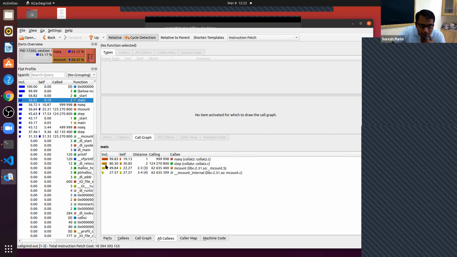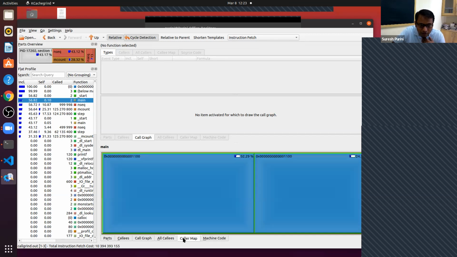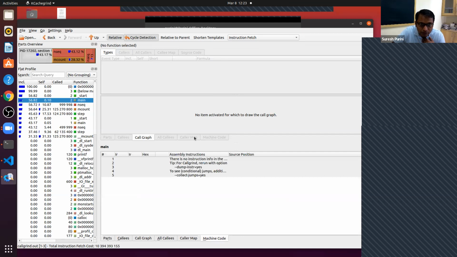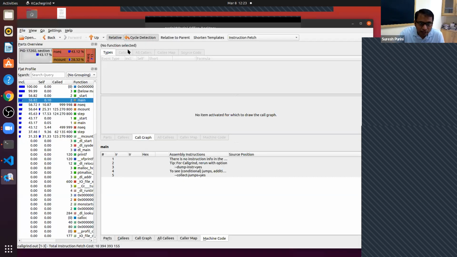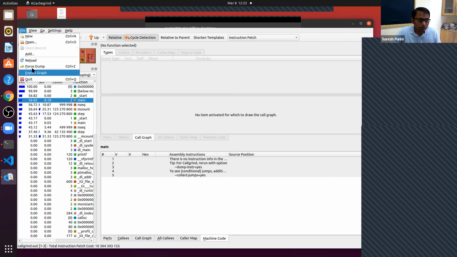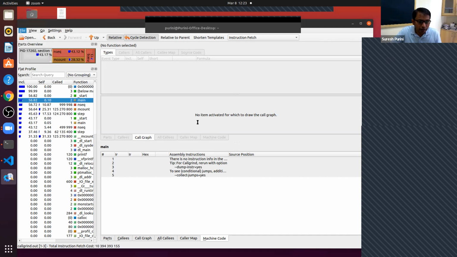See 80% or 50%. Caller map, machine code. Did we compile the program using the -g option? Yes, no? Because it's not showing the source code.